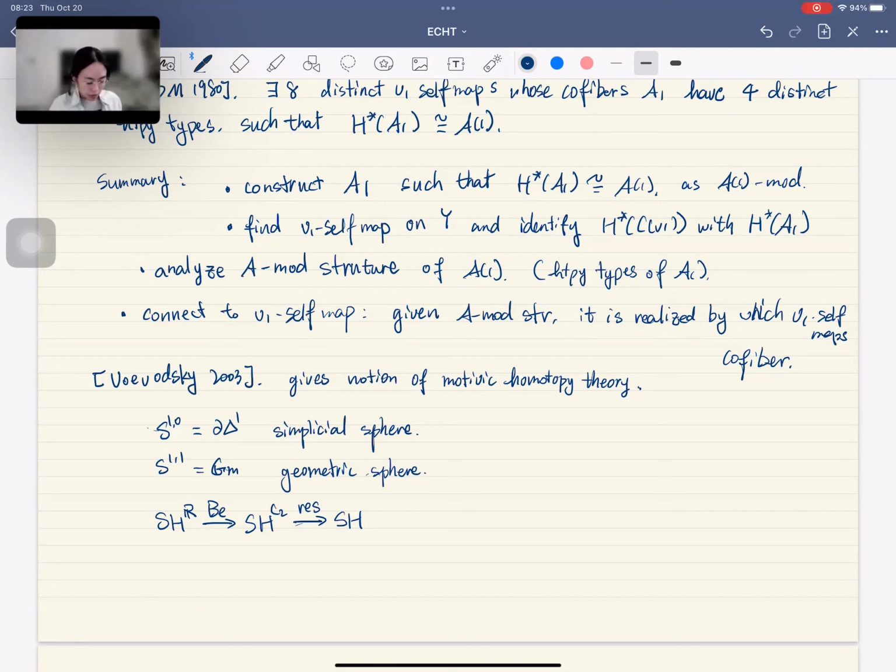Right, since we have the notion of Steenrod algebra on R-motivic, we need to be a little bit careful.